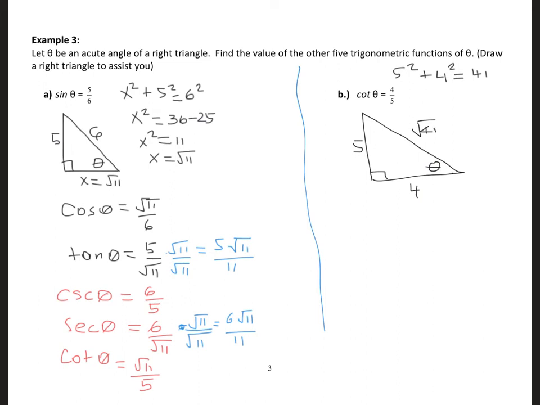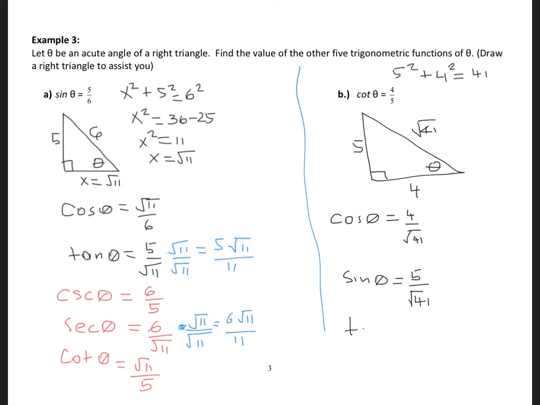Now we can write the ratios. We start with cosine. Cosine of theta is equal to 4 over square root of 41. Then sine of theta is equal to 5 over square root of 41.